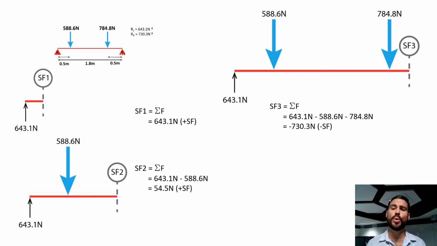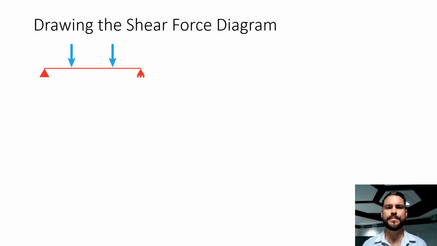All right, so we've got all of our information now. Now we need to be able to draw what we call a shear force diagram. The first thing I want you to do with your shear force diagram is always draw your free body diagram up the top. Now it's best if this is done to scale.